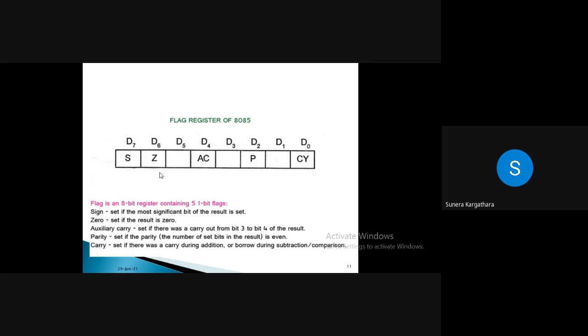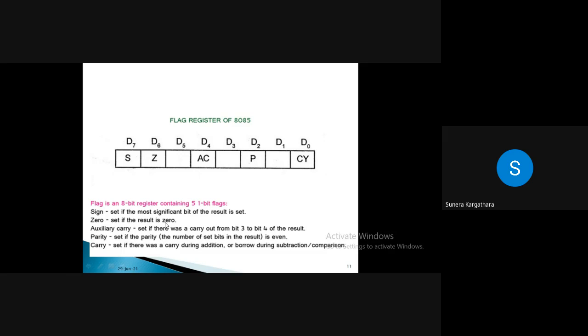Again I am repeating, if you find your result is non-zero, that means you are getting some answer. If your answer is 0, that means your zero flag is set to 1. Is it clear, student? Zero flag is set if the result is 0.